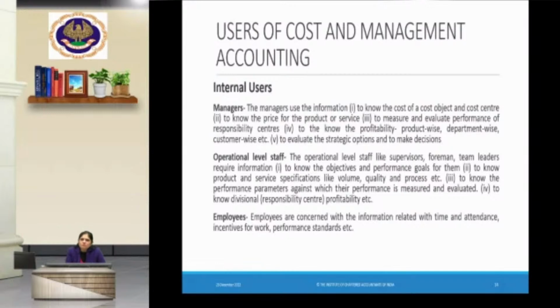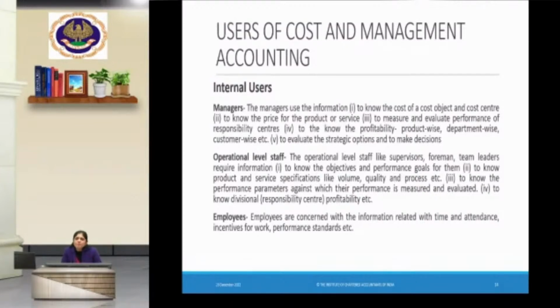That is how the operational level staff is also a key and integral part of the whole cost accounting system, because they come to know what is expected out of them, as simple as that. What they have to deliver, what the management expects from them.